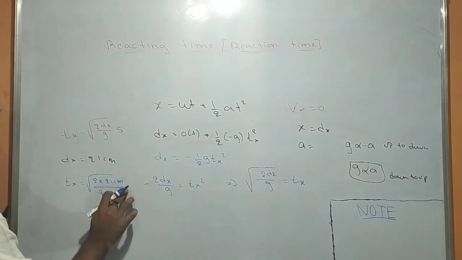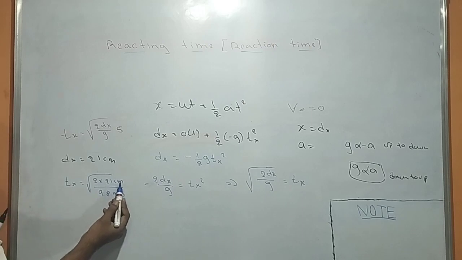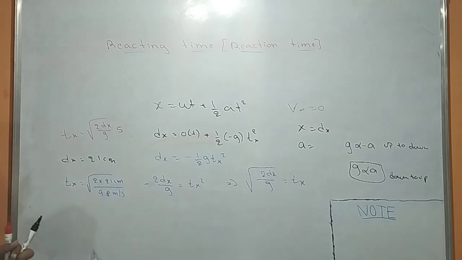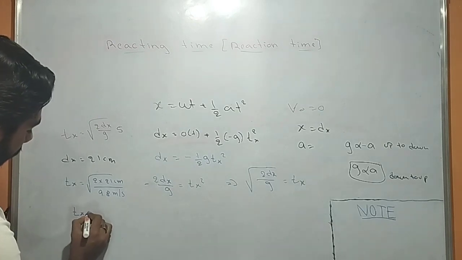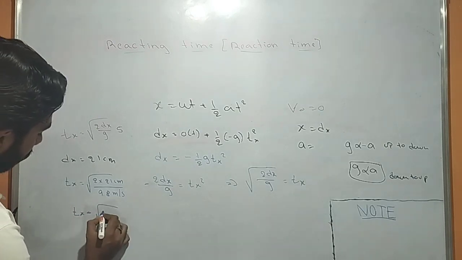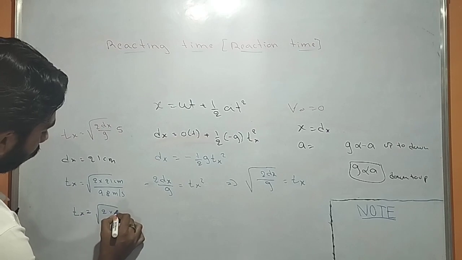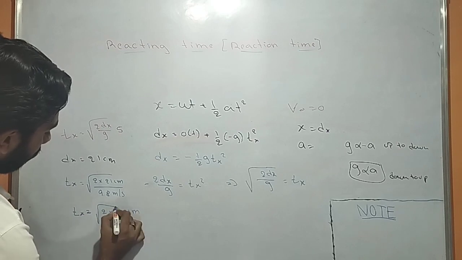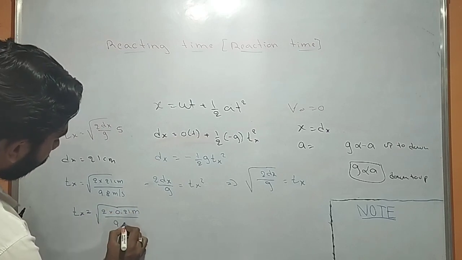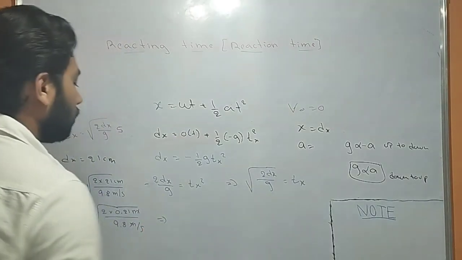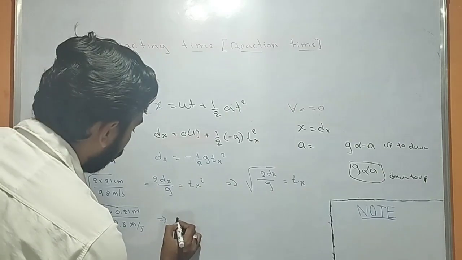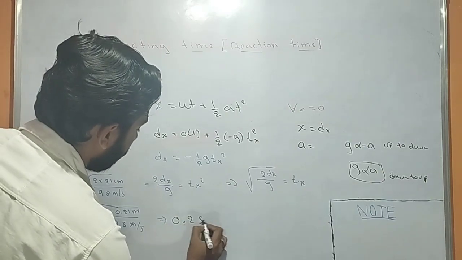This is in centimeters, but this is in meters. Just convert centimeters to meters. You can write 2 into 0.21 meters, divided by 9.8 meter per second square. The meters will cancel. So you will get the final answer like 0.2 seconds.